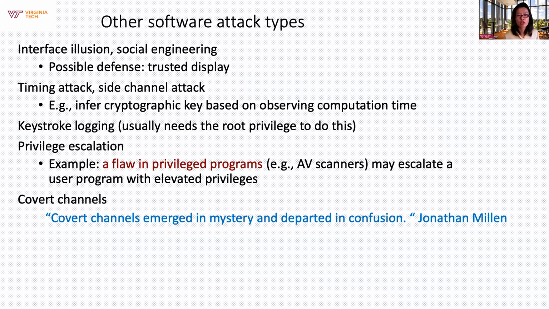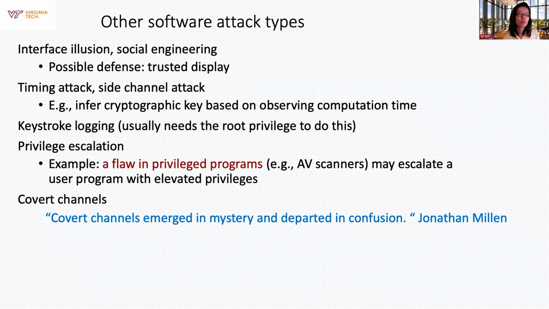Timing attack, side channel attack, we'll not talk about this in depth, but essentially when you compute, if the implementation is not very careful, bit 1 in the key versus bit 0 may take a different timing. This will allow attackers who are assumed to be able to observe computation time to infer whether it is 1 or 0. And sometimes it's related to things getting cached and so on.